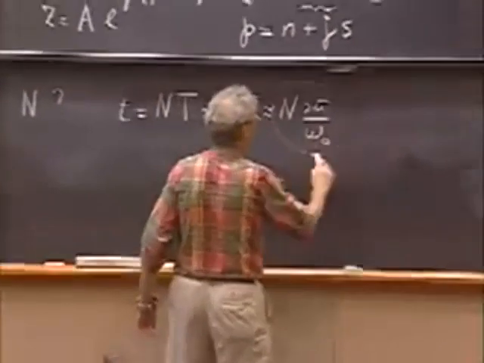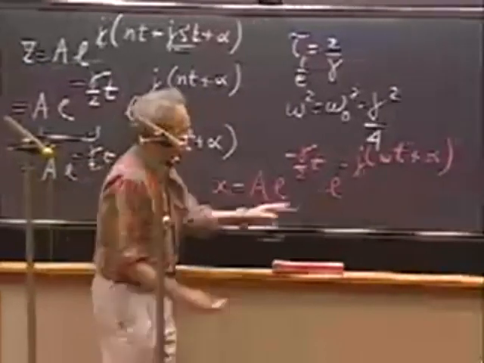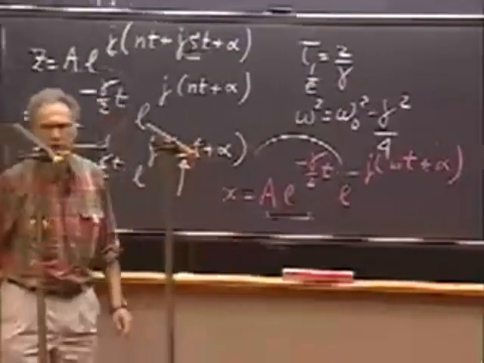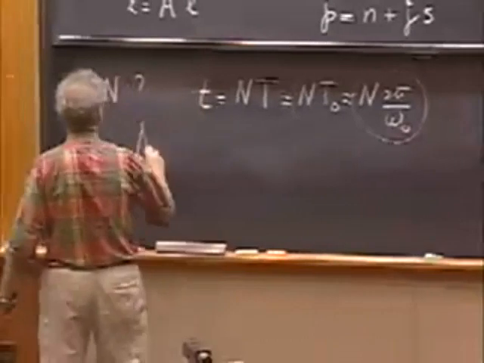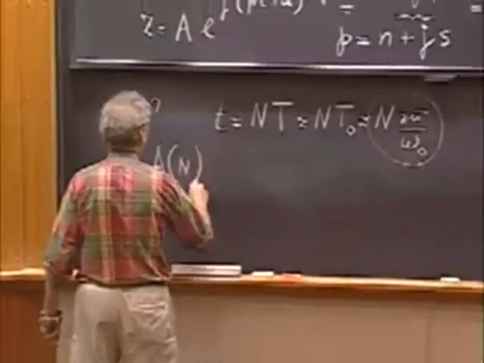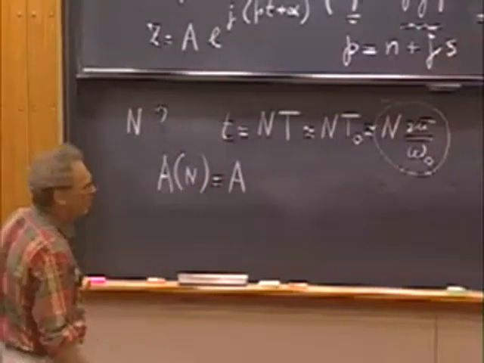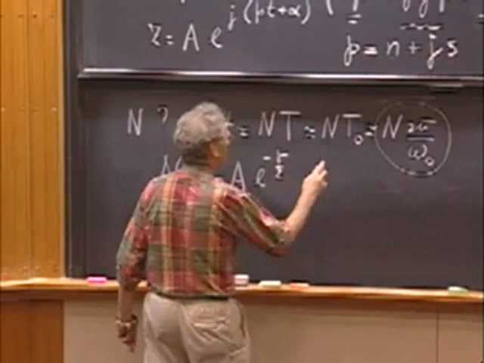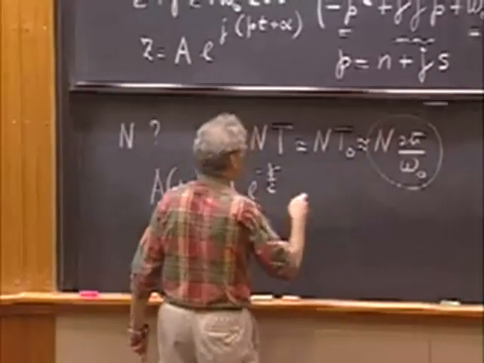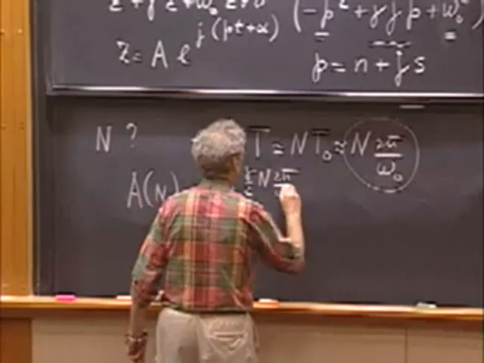I can now substitute this time in this t and only concentrate on that decay portion, that early part. So what I find then, that A, after n oscillations, is A times e to the minus gamma over 2 t, e to the minus gamma over 2, times this time after n oscillations, n times 2 pi divided by omega 0.